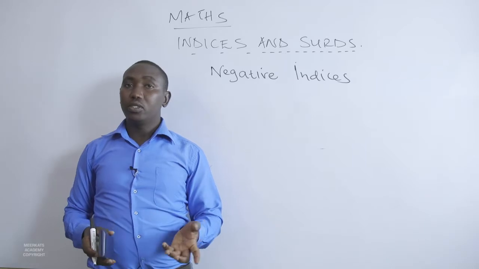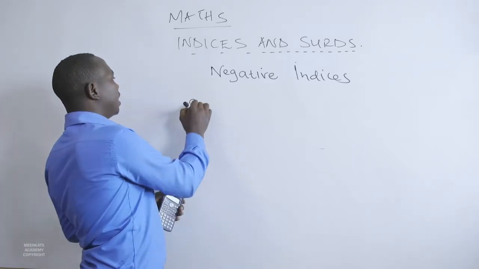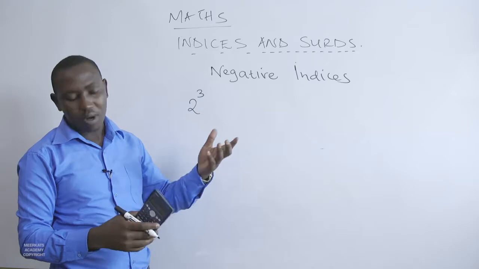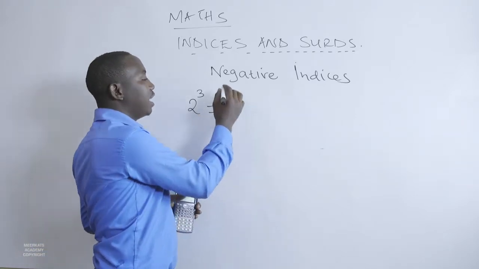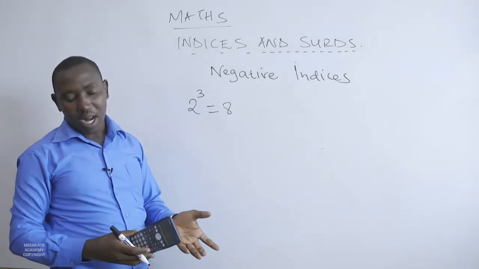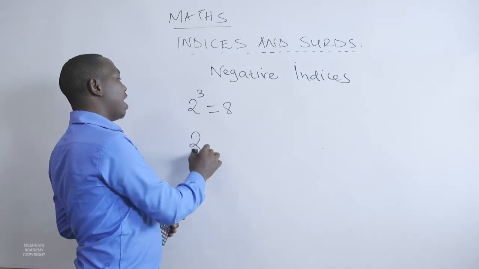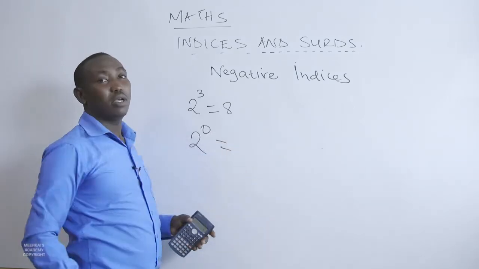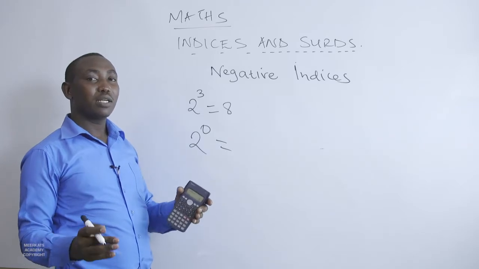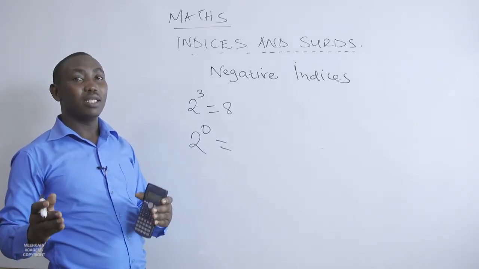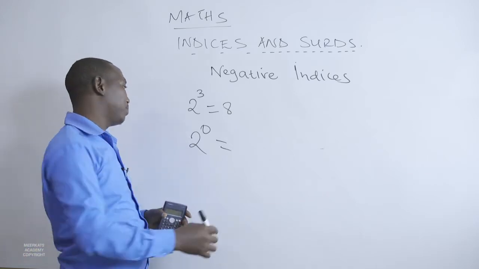Now, there are cases, of course, we know that if you have 2 raised to the power of 3, you can fumble around and get the answer as 8. We have also come to know and understand that if you have a number, let's say 2 raised to the power of 0, whenever you have any number raised to the power of 0, the result is 1.